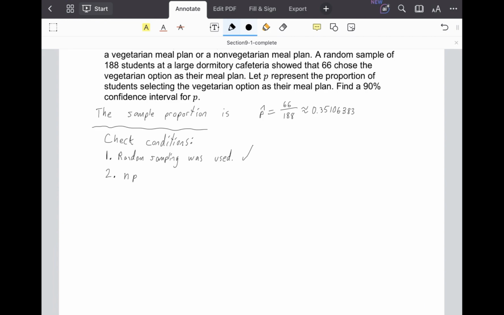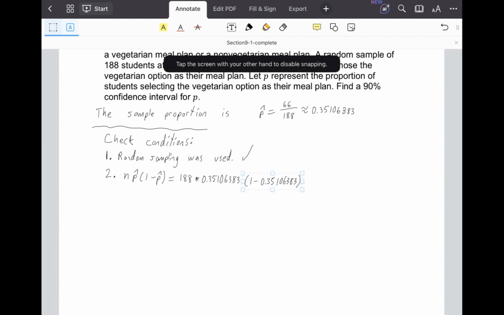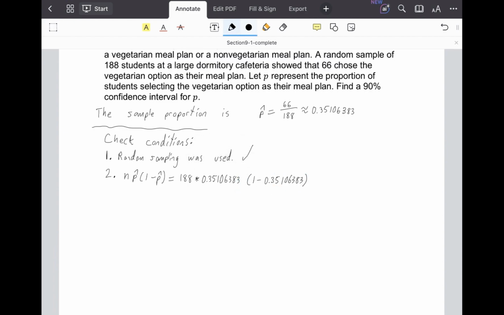The second one, we're checking up here, this formula. Perhaps a good idea to start memorizing those. And we're taking that 188 times this thing up here, what I calculated before, times 1 minus that whole thing. Be very careful with the parentheses. Let me just add in a multiplication symbol here. Be careful with the parentheses.